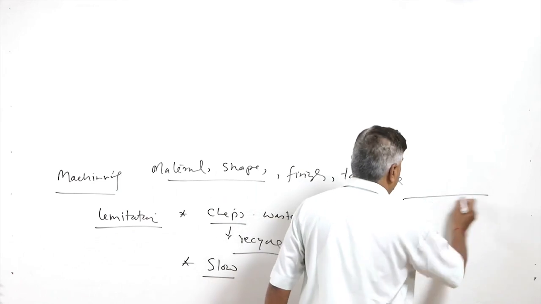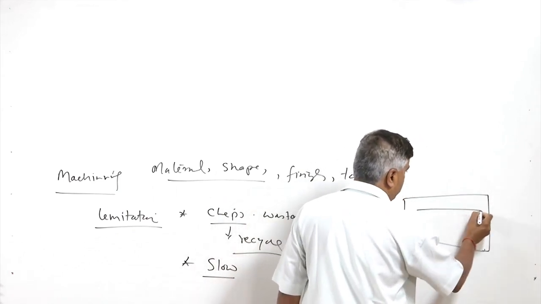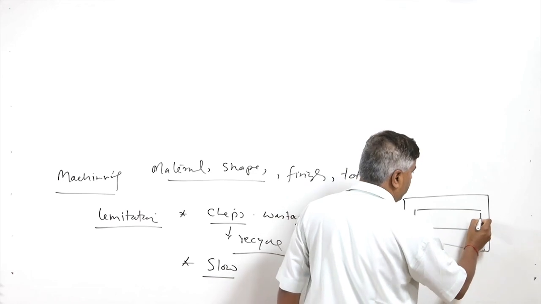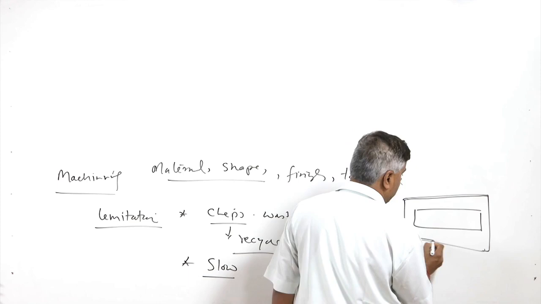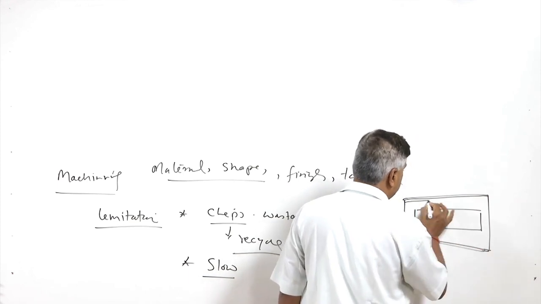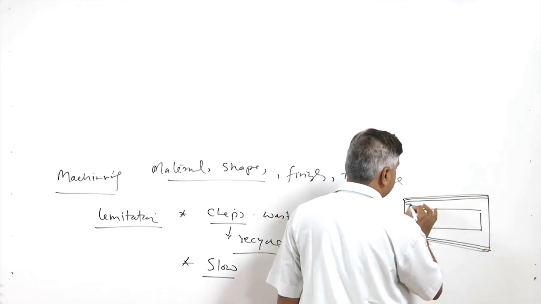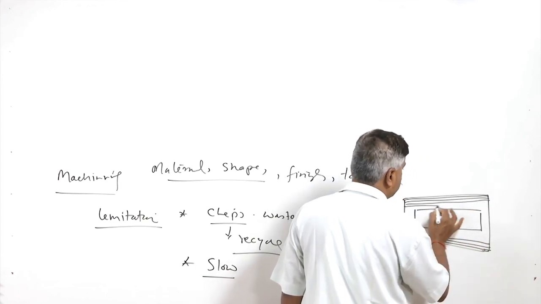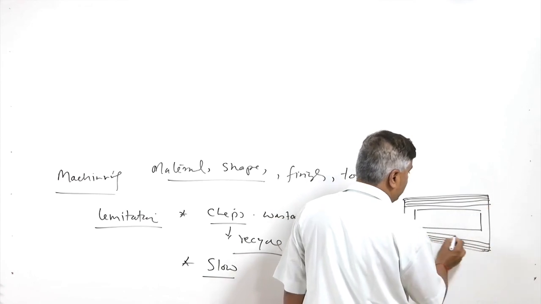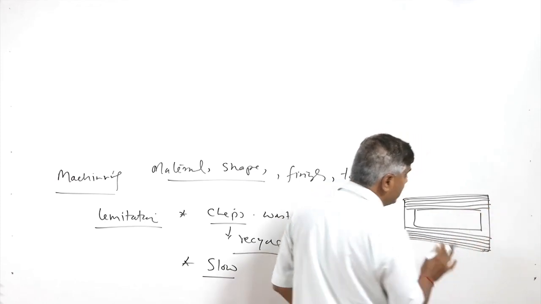For example, if we have a very large stock and a very small component needs to be made from this, then material will be removed sequentially, layer by layer, one by one. So, a number of passes of machining will be needed, and this process needs to be repeated a number of times until we get the desired size and shape. So, sequential removal of the material is involved.